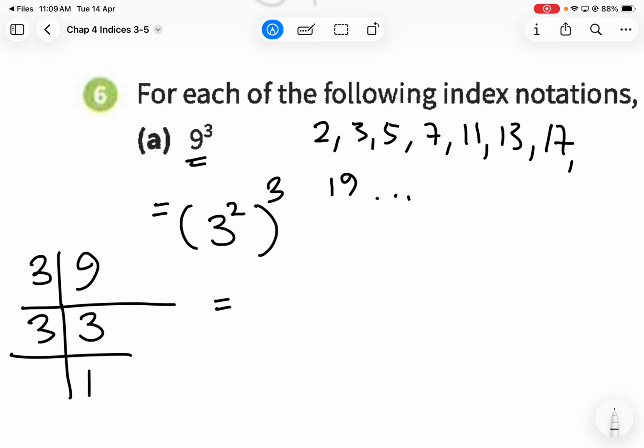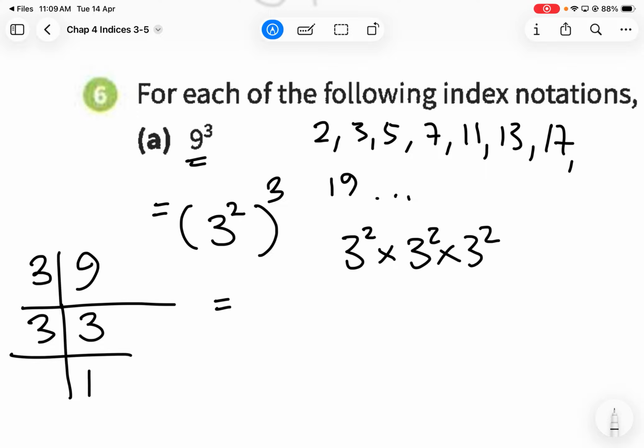Okay, so 3 square to the power of 3. Yesterday we went through the law that says when you have 3 to the power of 2 to the power of 3, you multiply the 2 and the 3. But if you don't remember the law, what is the cube of 3 square? Cube of 3 square means 3 square multiply 3 square multiply 3 square.